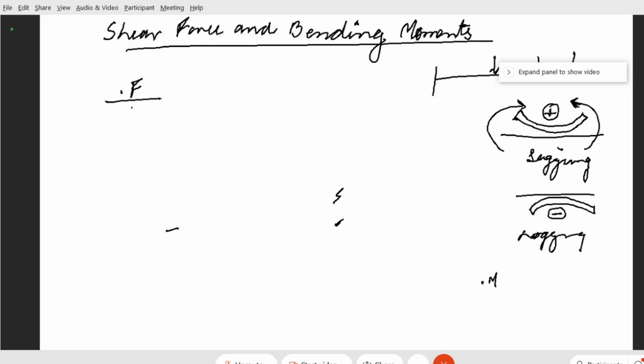Let's take the cantilever only, and we have upward forces, let's say P and Q, and there is a reaction at the end.